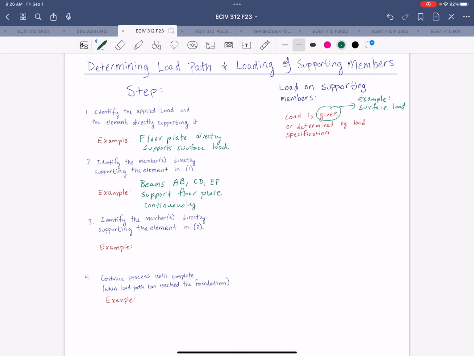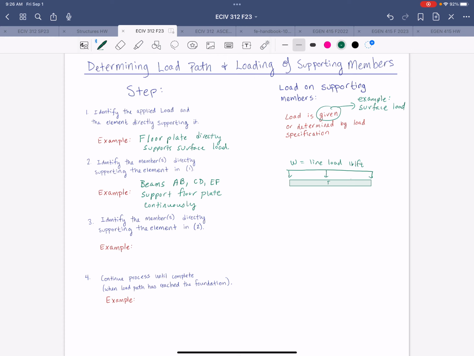Because it's a continuous support, we would expect to see a line load. And we would get that by taking the surface load multiplied by the tributary width of the beam.